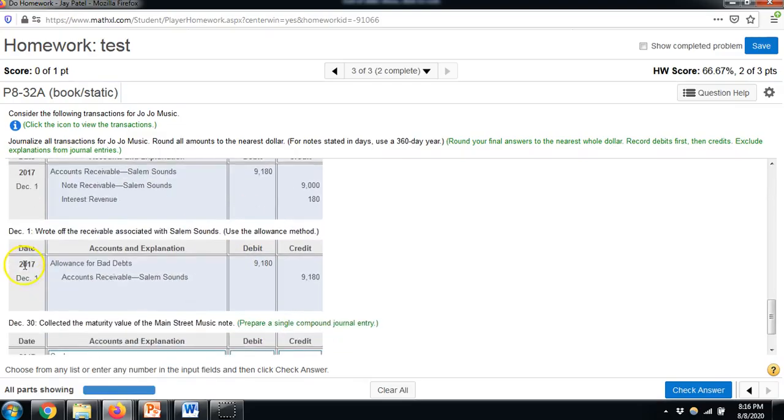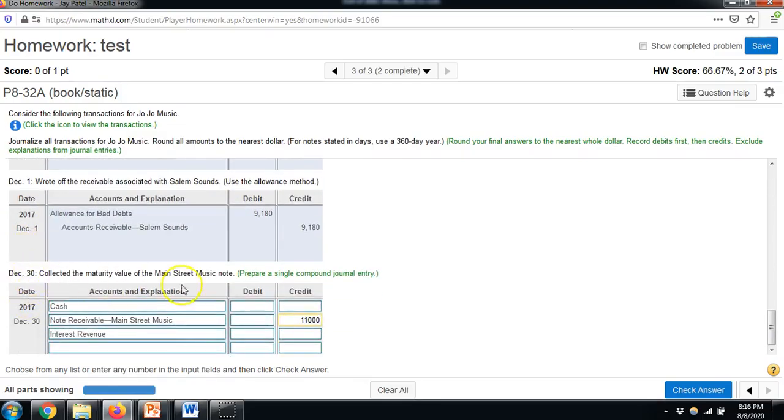So from June 30th through December 30th, that's 6 months, and there's 12 months in a year. So you take the annual 12% interest and multiply it by 6 over 12 and multiply that by the principal amount of 11,000, and the calculation I'm seeing gives us an interest of $660.